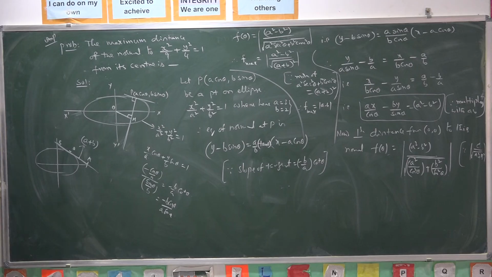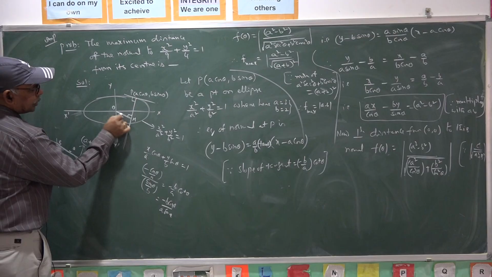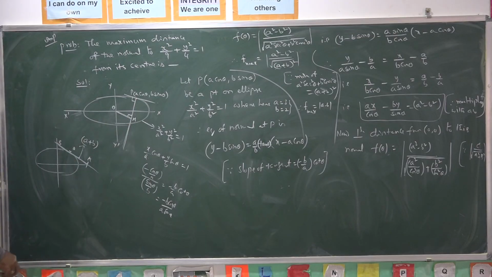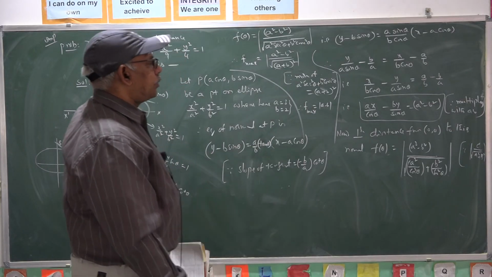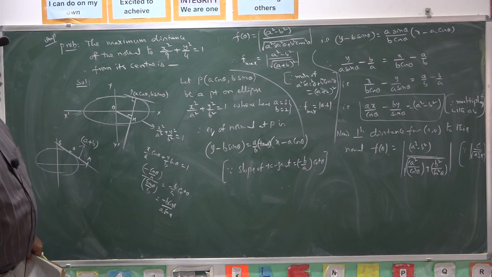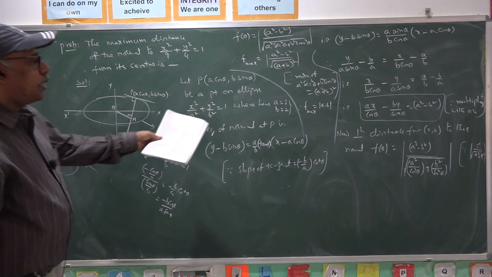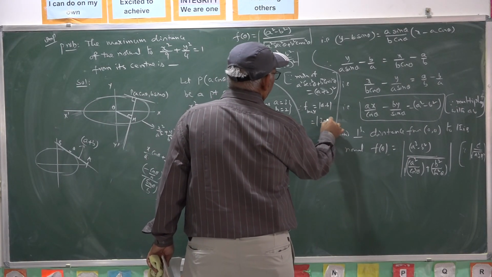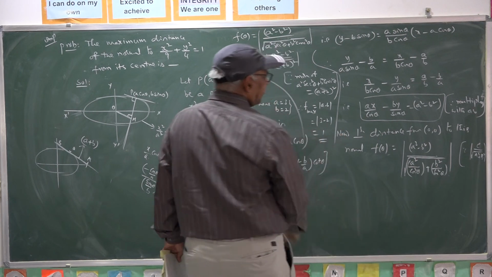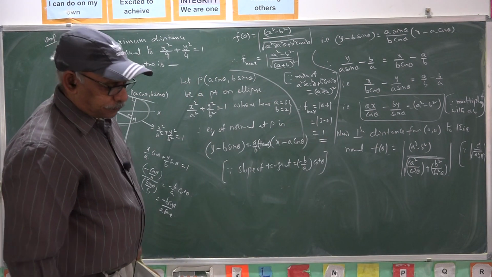The minimum value of AB is a plus b. Whereas this perpendicular distance OM is maximum, and that maximum value is modulus of a minus b. So here a equal to 3 and b equal to 2. Hence, modulus of 3 minus 2, that is 1. The required value is 1.